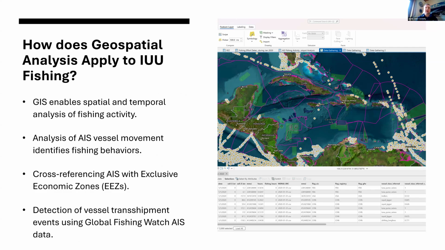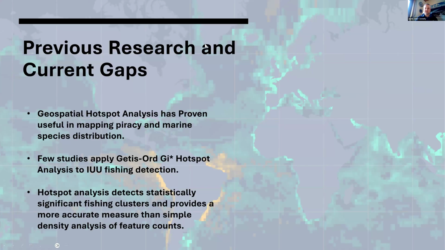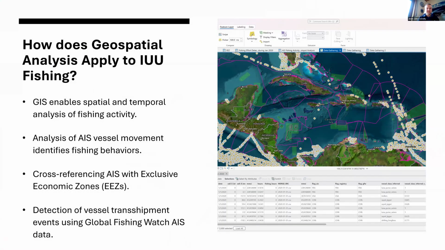Those are defined by the United Nations as 200 nautical miles from the shore of a coastal nation, and that is owned by that coastal nation.